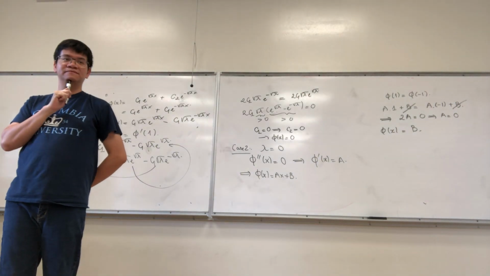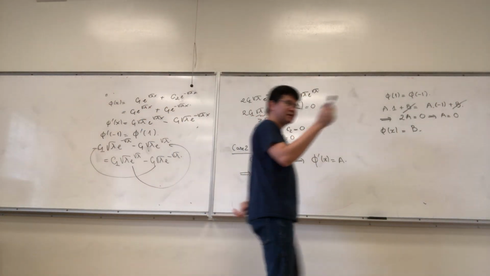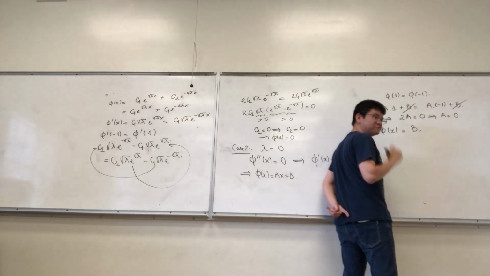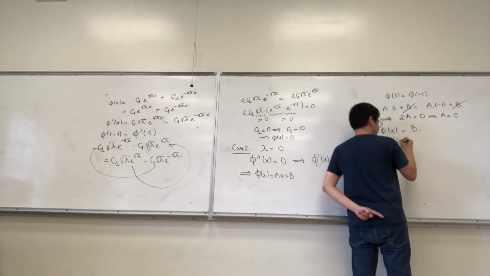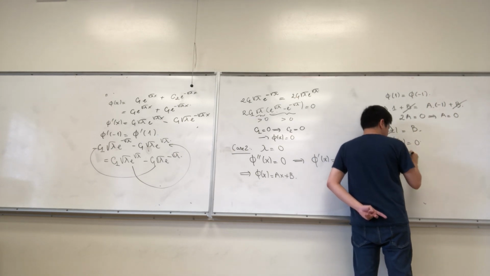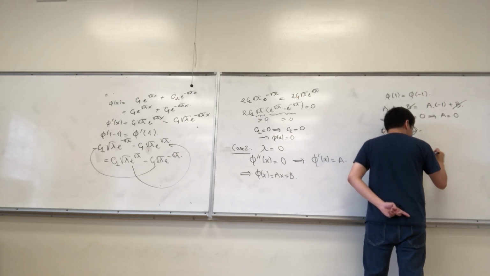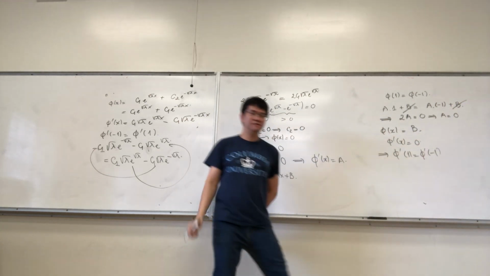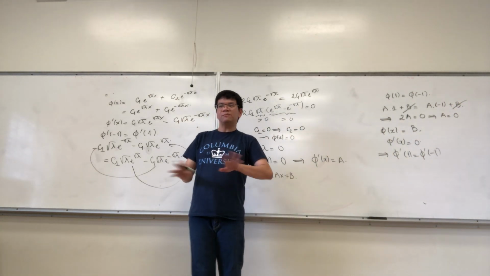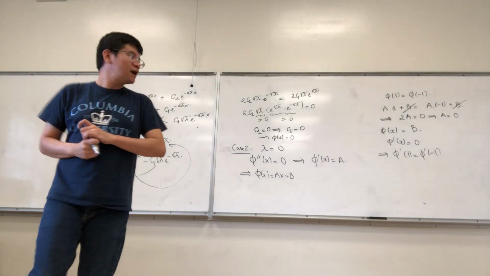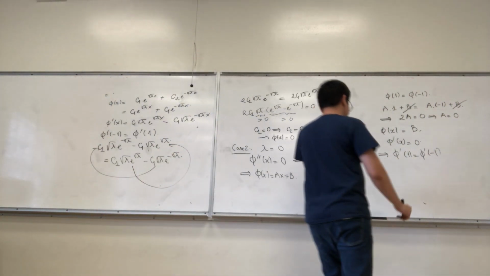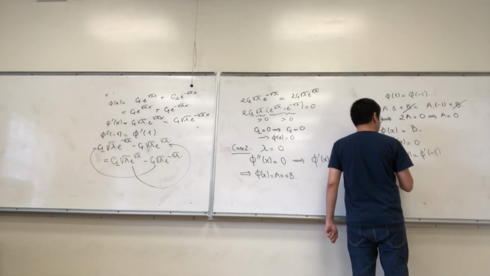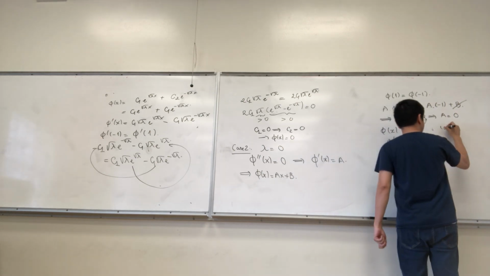What is the next step? Yes? Can you take the derivative? So the first derivative of b is 0. So for this one, the second boundary condition is satisfied. Right, so it's automatically satisfied, which means that this is a constant function.